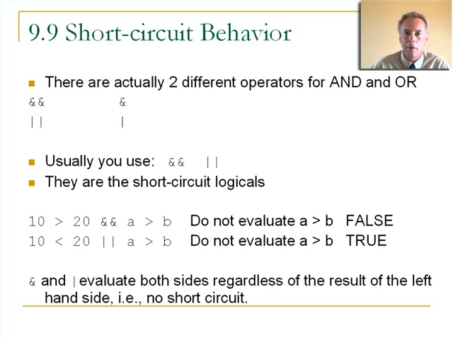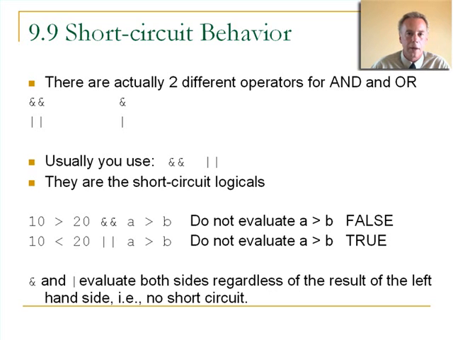Short circuit behavior means we don't evaluate the right-hand side if we don't have to. When you have a false on the left-hand side of an AND, you can short circuit and you save some time. So we have an efficiency issue here. You don't have to evaluate the right-hand side to know that this whole expression will be false.